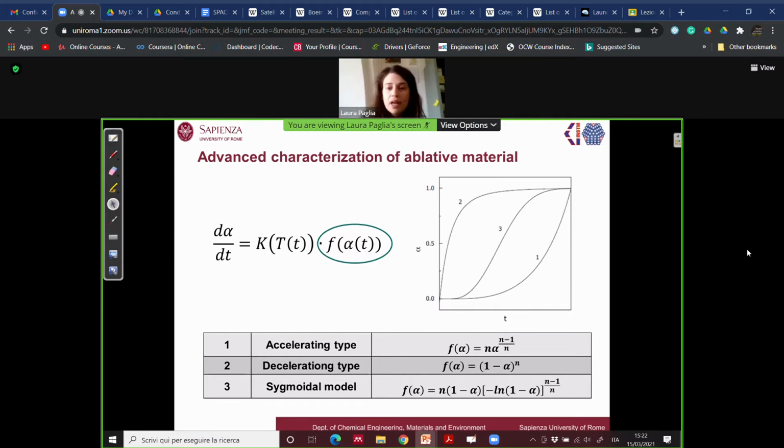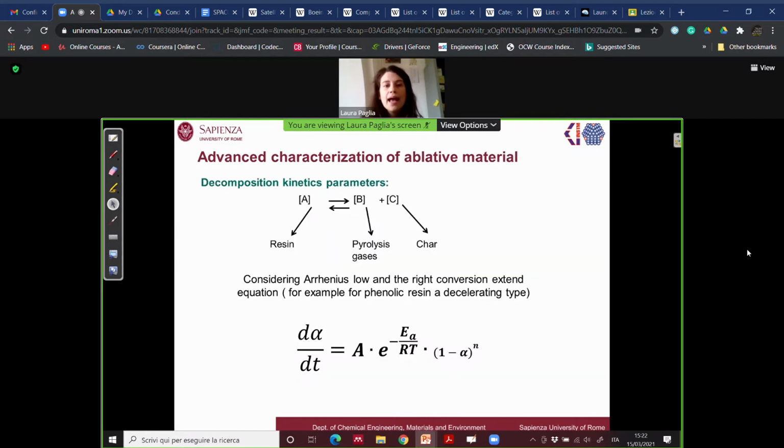Then we can choose this function according to some experimental analysis, and then we can have our function in this form: the Arrhenius equation for the function k, and this function.